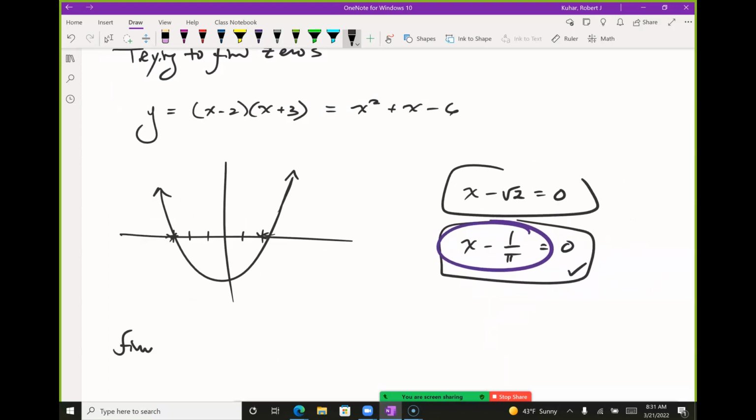So what we're going to do in Newton's method is find an initial guess. And most of the time, it'll be obvious what your initial guess should be. So for 1 over pi, what is 1 over pi? Somebody give me the first couple of digits. Let me see, 1 divided by pi equals 0.3183.